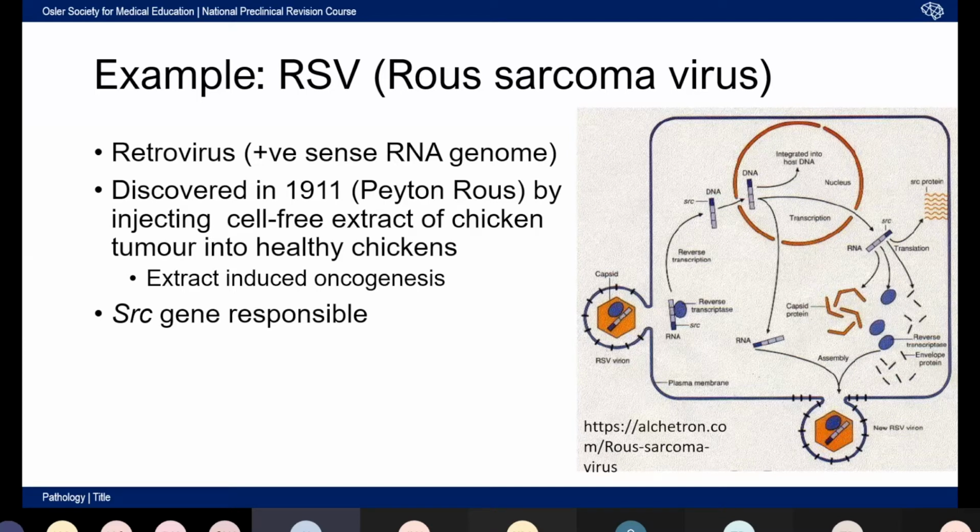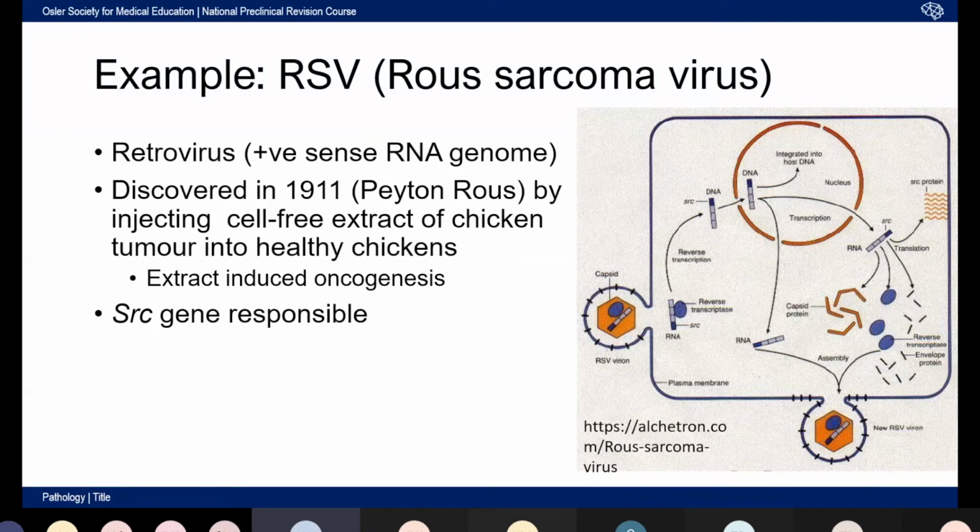RSV was discovered by Peyton Rous in 1911, when a cell-free extract from a chicken tumour was injected into healthy chickens, which subsequently developed sarcoma, which is a tumour of connective tissue. And he was awarded the Nobel Prize in 1966 for this discovery.